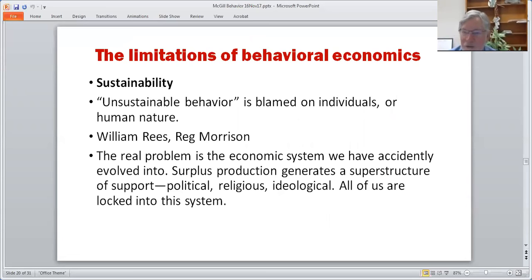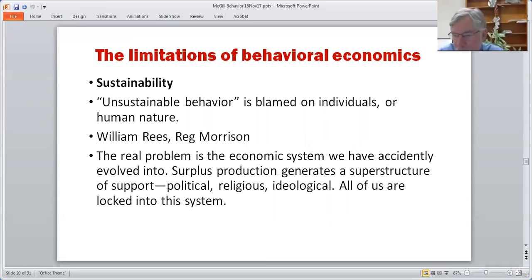Okay, another thing that really bothers me is the notion of sustainability, and unsustainable behaviors blamed on individuals or human nature. I've been having this ongoing, it's not really a debate because I can't get them to respond to this stuff. But unsustainability, I would argue vehemently, is not human nature or human greed or whatever. The problem is this economic system we've accidentally evolved into.